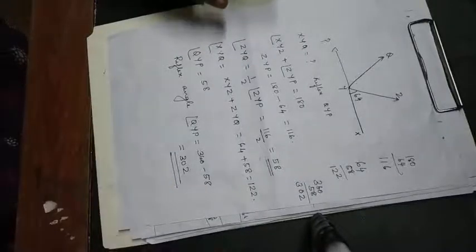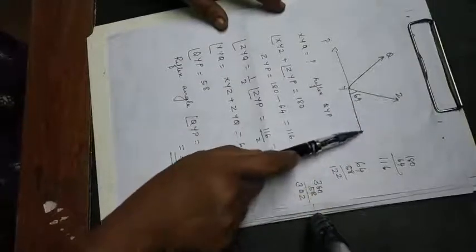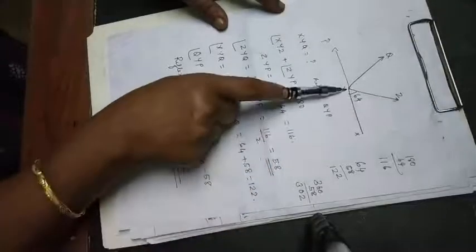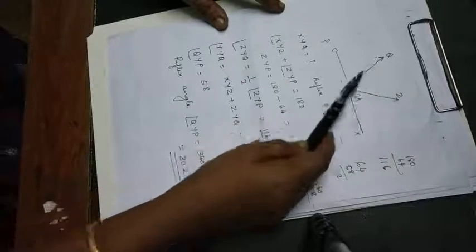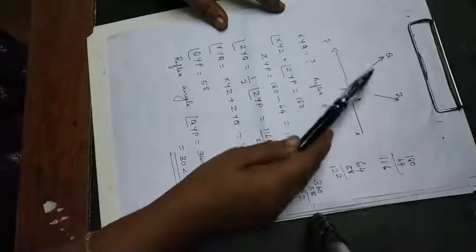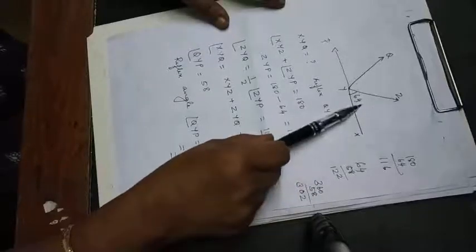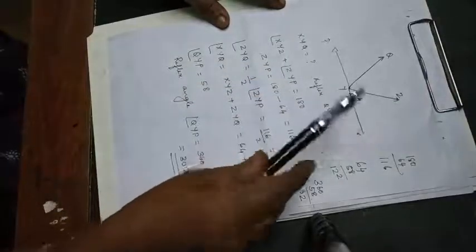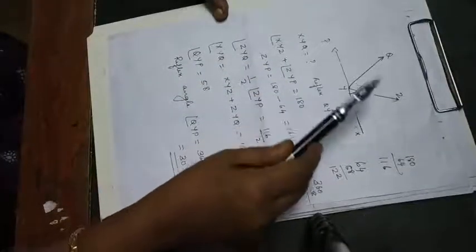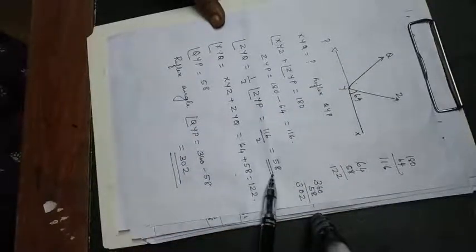So how did we do that one? First we draw XYZ as 64, then we extend that to P, then we draw a ray YQ bisecting this into two equal parts. Now take XYZ plus ZYP equal to 180, then you will get ZYP. ZYQ you will get as half of that one, that is 58.